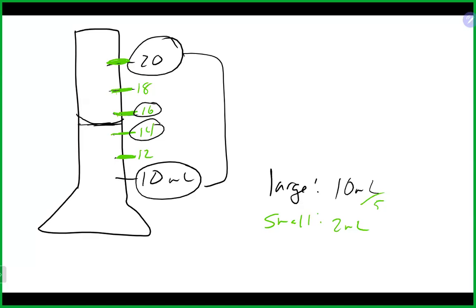That is 16. What comes between 14 and 16? 15. So in this particular case, 15 milliliters is actually the best we could do on this scale. The reason is I have no idea between 14 and 16 where 14 ends and 15 starts.